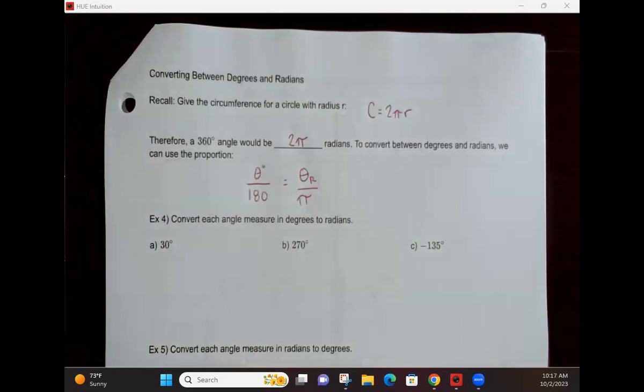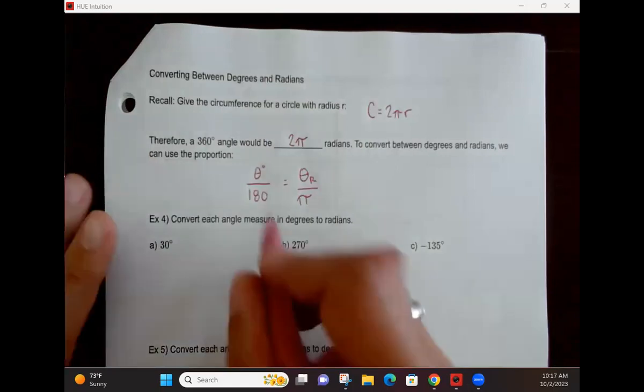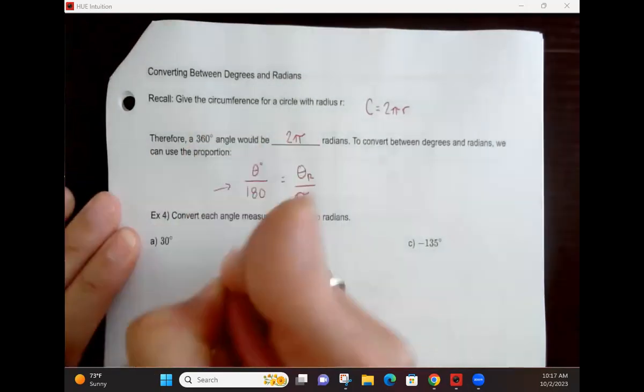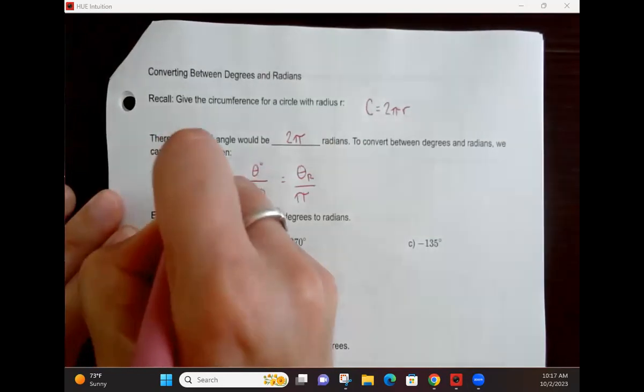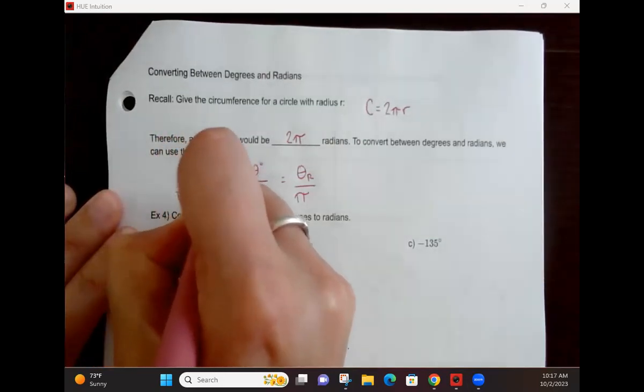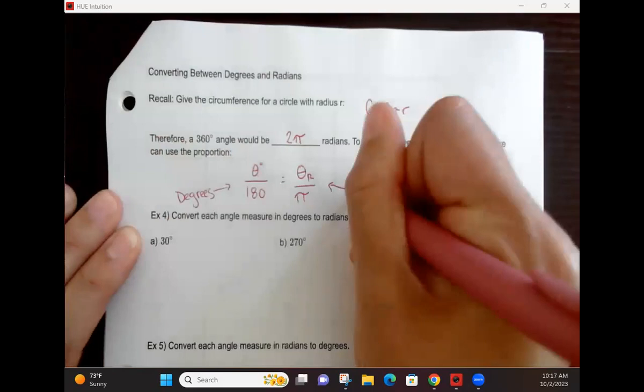There's a whole process to get from the 2 pi r down to this proportion, but we'll stick with this proportion for time reasons, we're going to be a little tight today. So if you know the degrees, you are filling in this. If you know the radians, you are filling in this guy.